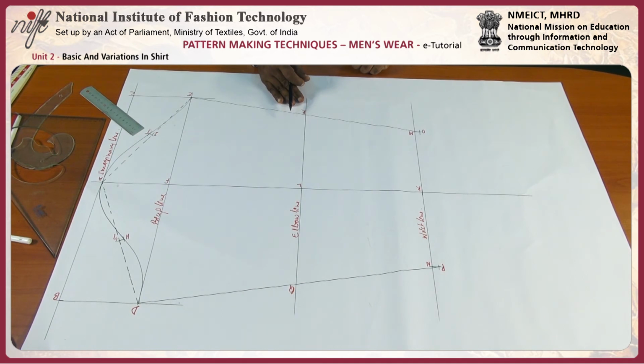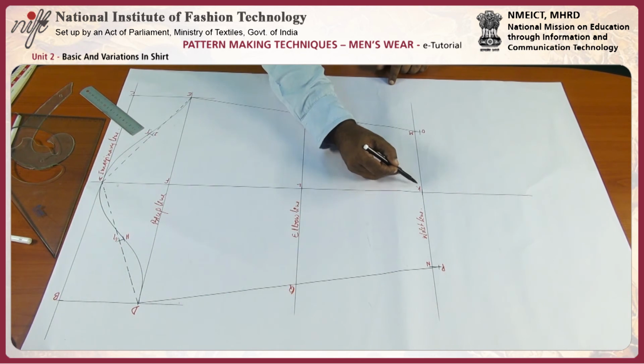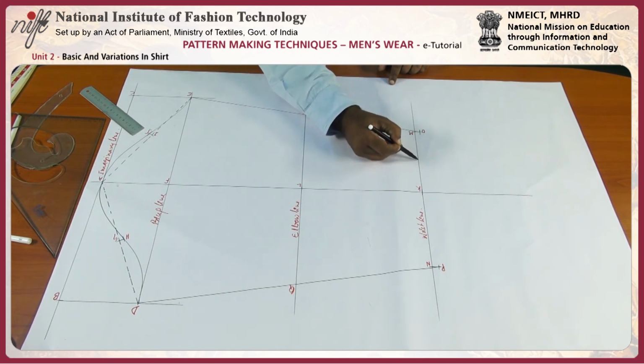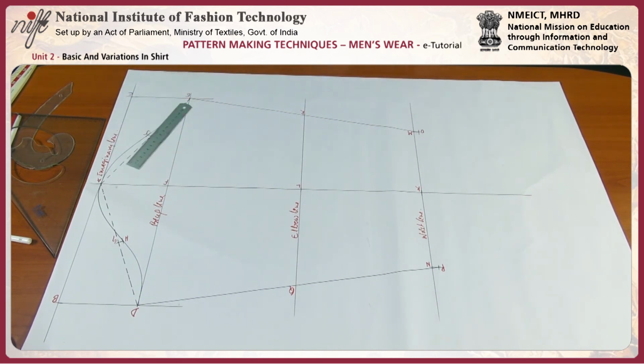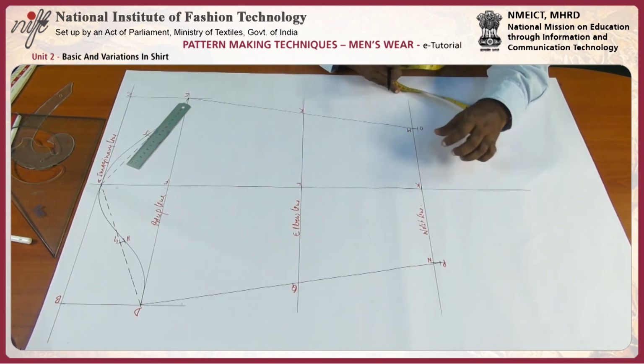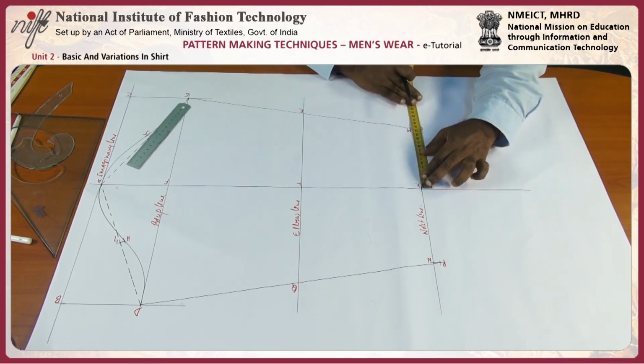Point S is the midpoint of the line KM. Point S is to be placed in the middle of KM. K to M is 14.25 centimeters.